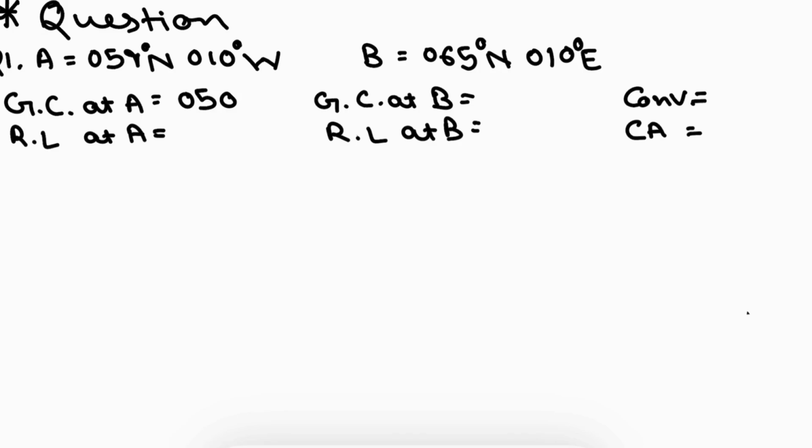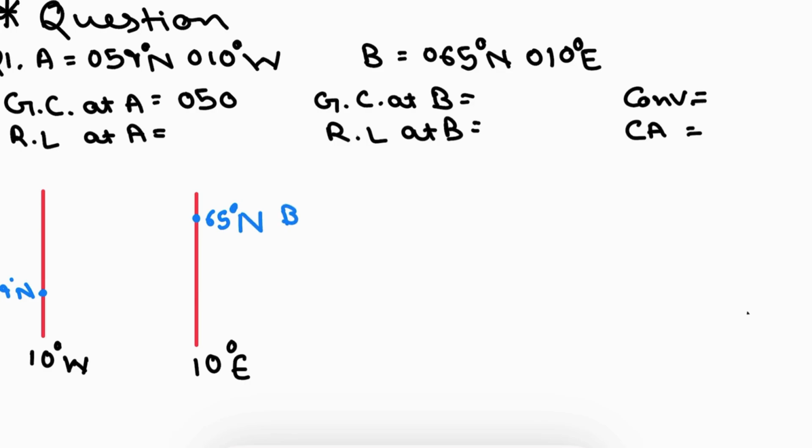So we'll start by drawing a diagram of the points. So let's say that this is the longitude 1 and this is the longitude 2 and we have 2 points, right? So this is 10 degrees west and this is 10 degrees east. The latitudes are 59 north, which is this, and 65 north, which is this.